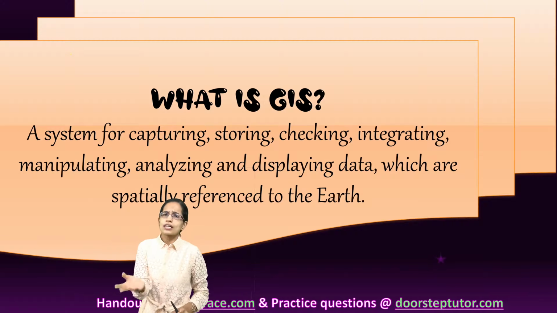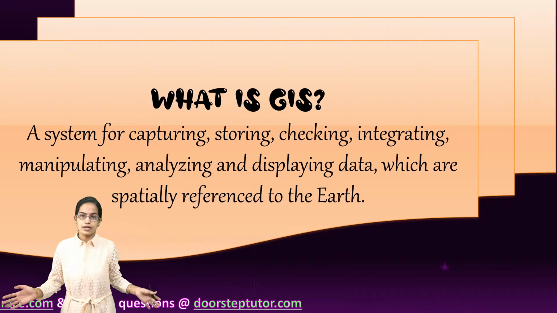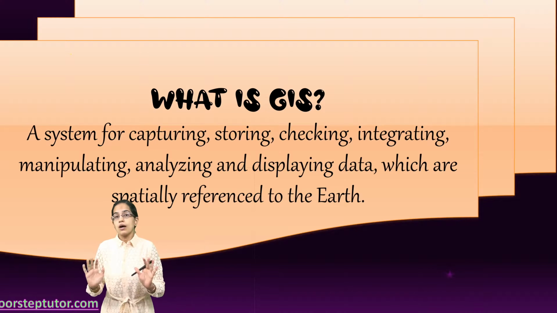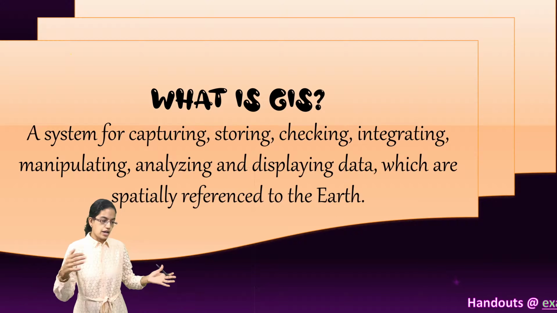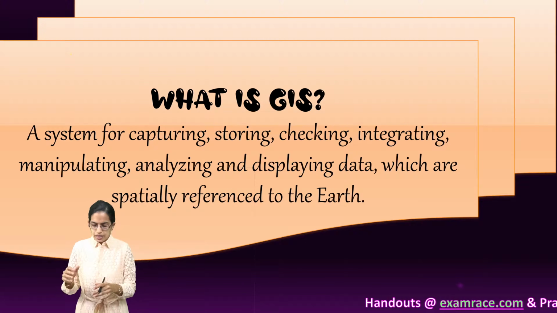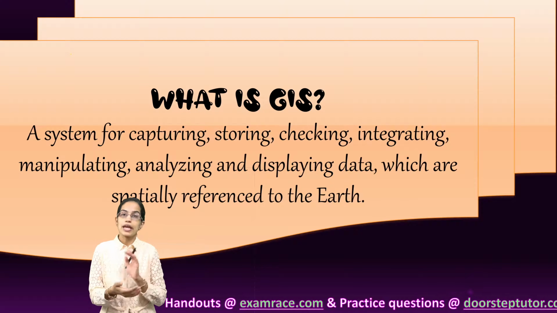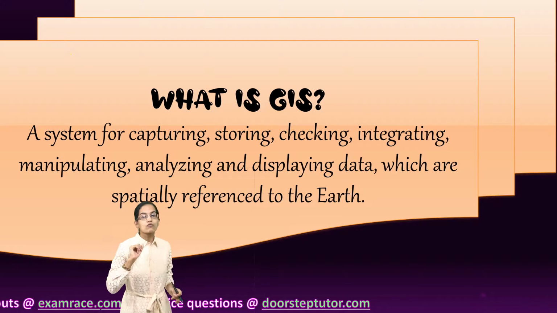Now let me put it into another simple example. Let's think about Walmart, one of the retail chains across the globe, predominantly in the US, now planning to have a step in India. When Walmart is planning to enter India, what would Walmart be identifying? Definitely, it's a retail chain, so it needs footfall.